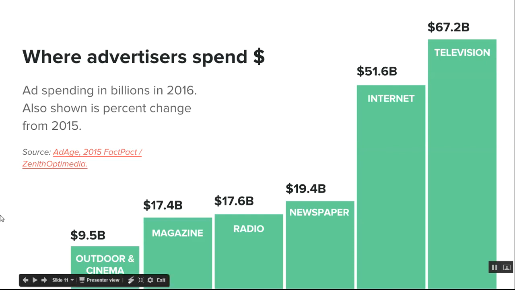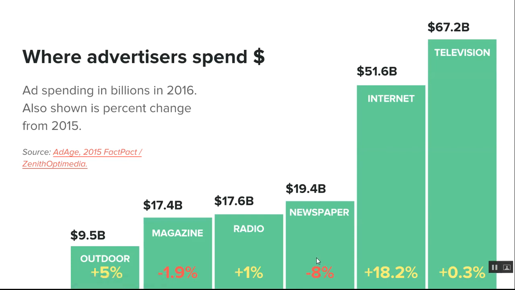They spent more than $17 billion on magazine ads, but more than $67 billion on television ads. And you can also see here the change from year to year. So, for example, advertisers spent 8% less on newspaper ads in 2016 than they did in 2015.